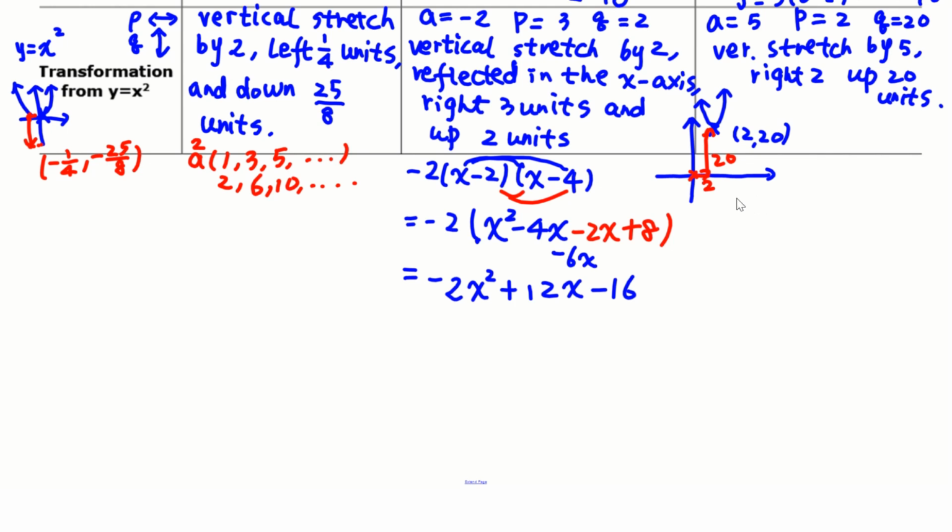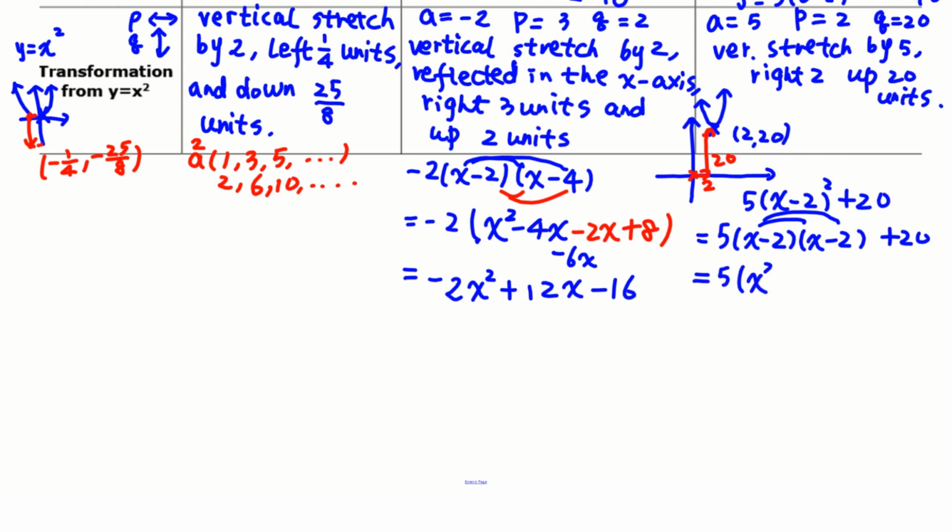And for the last one, 5(x minus 2) squared plus 20. To change it to standard form, it is (x minus 2) times (x minus 2), then plus 20. So do the expanding. X times each term in the second bracket, we have x squared minus 2x. Then minus 2 times each term in the second bracket is minus 2x plus 4, then plus 20.